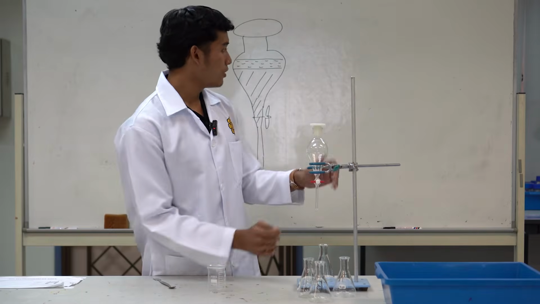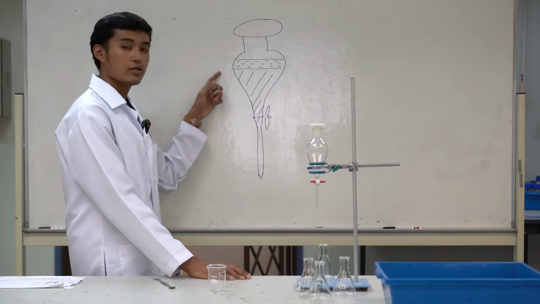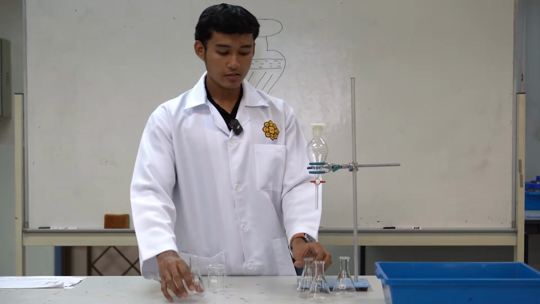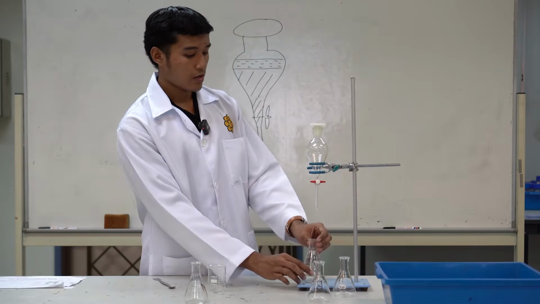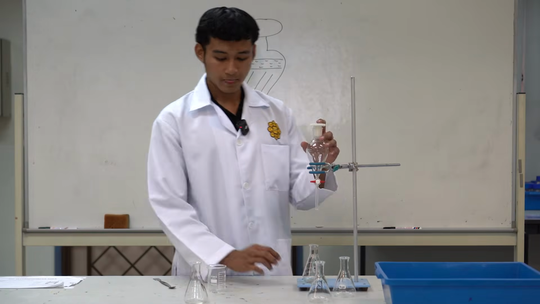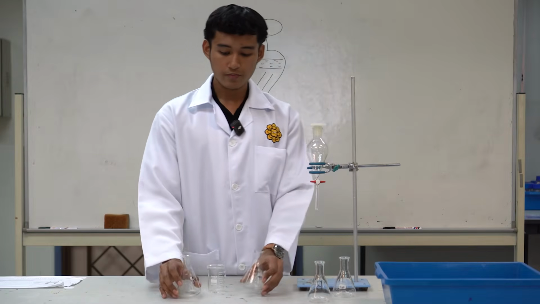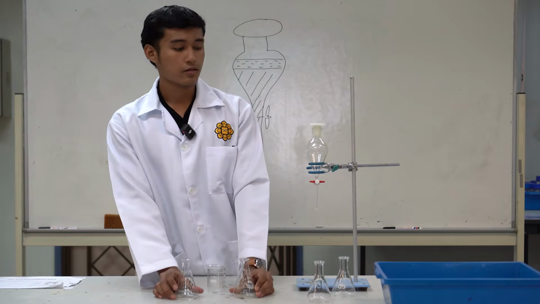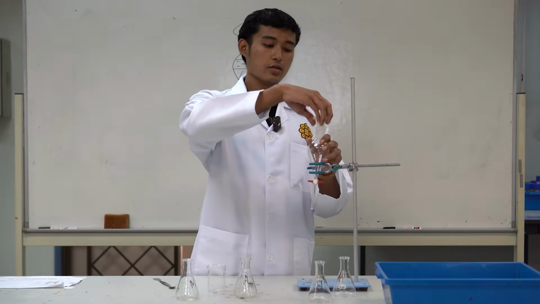And after we fully extracted the DCM, we will use the acid flask and extract it. So now we will have two flasks full with mixture and acid. So we will repeat once again.